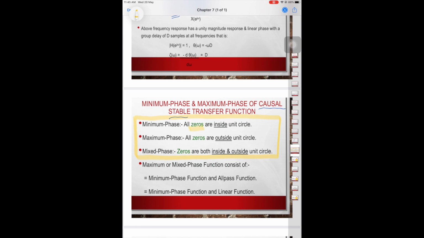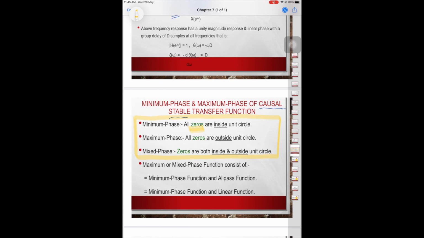For the minimum phase definition, this time we use the term zeros. You need to determine the zeros values, and from the zeros values you can determine the condition of the phase. For minimum phase, all zeros are inside the unit circle, meaning all zeros values are less than 1.